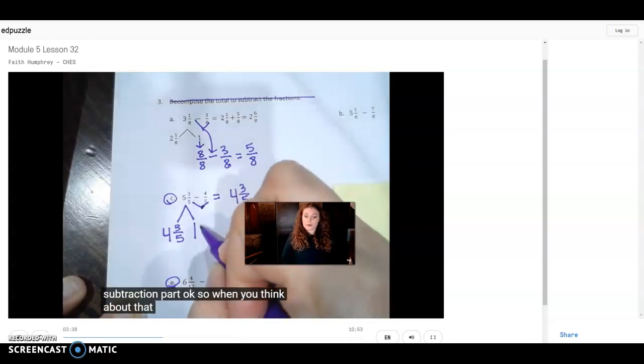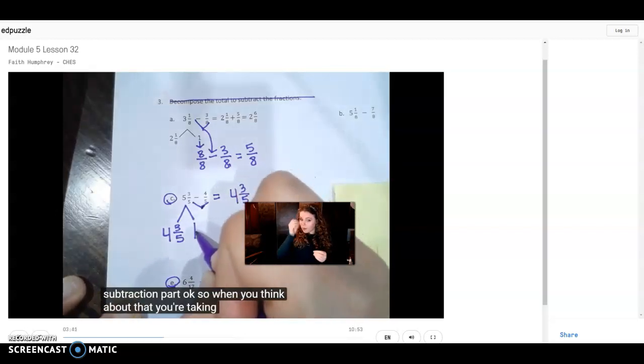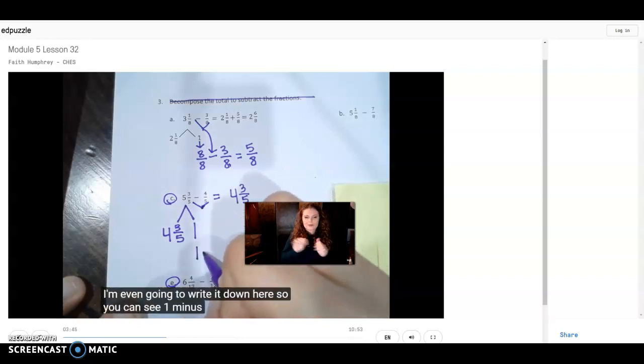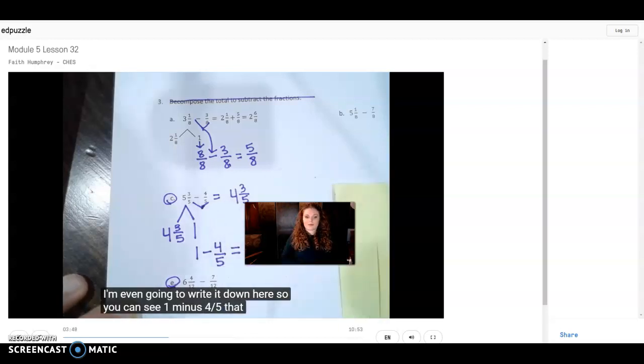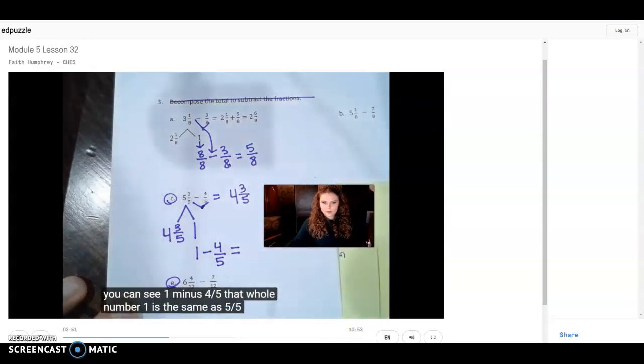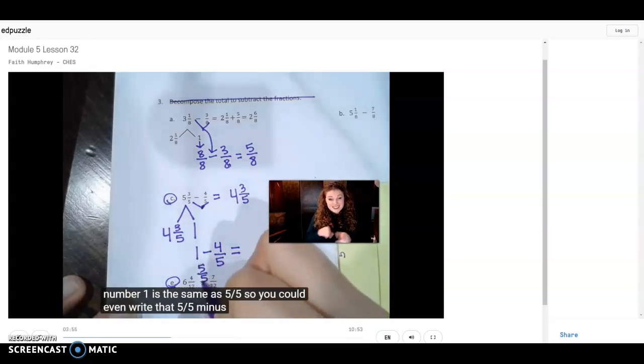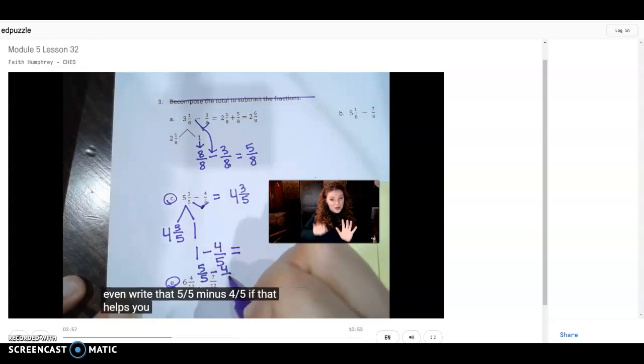So when you think about that, you're taking this 1, and I'm even going to write it down here so you can see, 1 minus 4/5. That whole number 1 is the same as 5/5. So you could even write that, 5/5 minus 4/5. So that helps you.